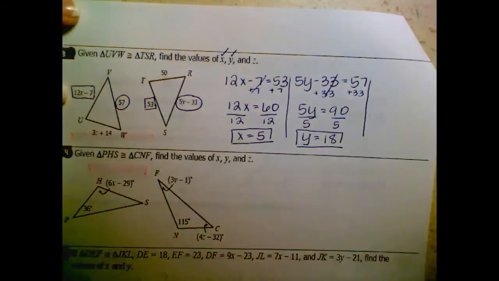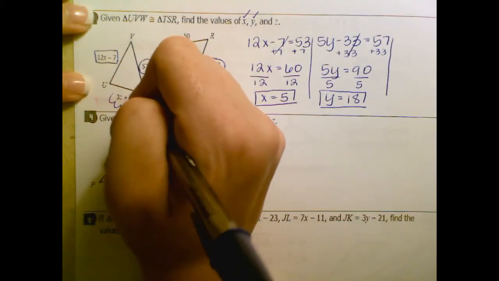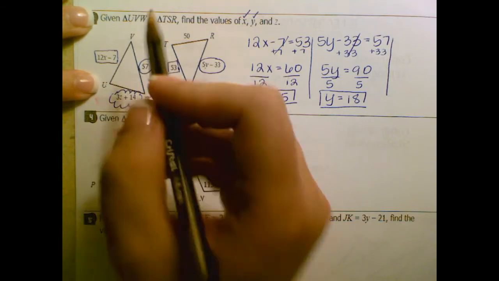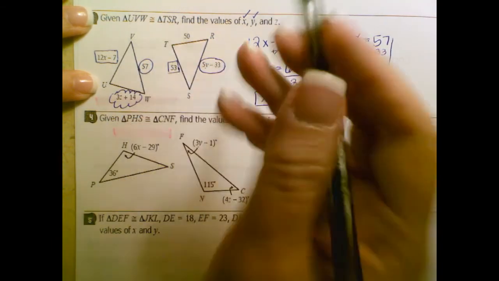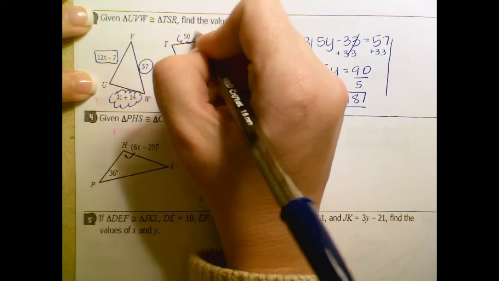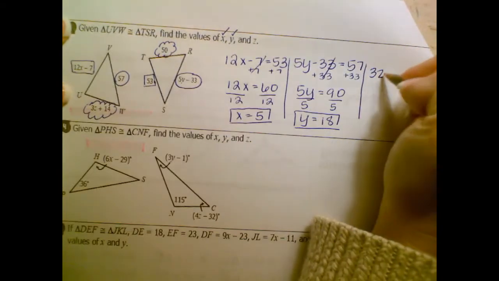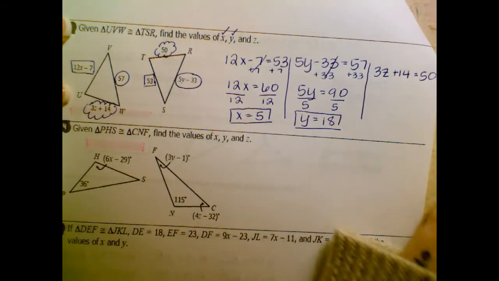Solve for y. Now we're left with z. I'm just going to double check. Z is right here. Z corresponds with UW. UW is first and third, so its partner is TR. So 3z plus 14 equals 50.